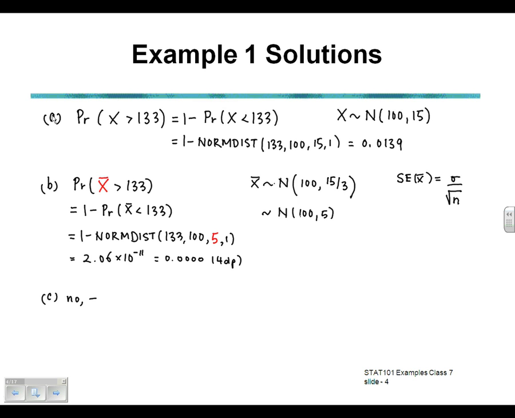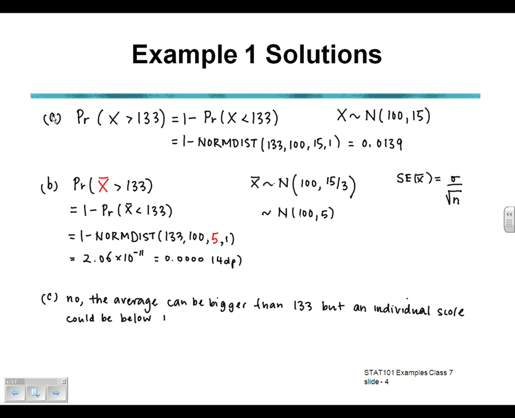What we can say here is the average x bar could be bigger than 133, but individual values could still be smaller than 131.5, because this is about the average of that sample. An individual value can still be much smaller, even though the average is 133, because there could be much higher values compensating for that. So the average can be bigger than 133, but an individual person's score could be below 131.5.